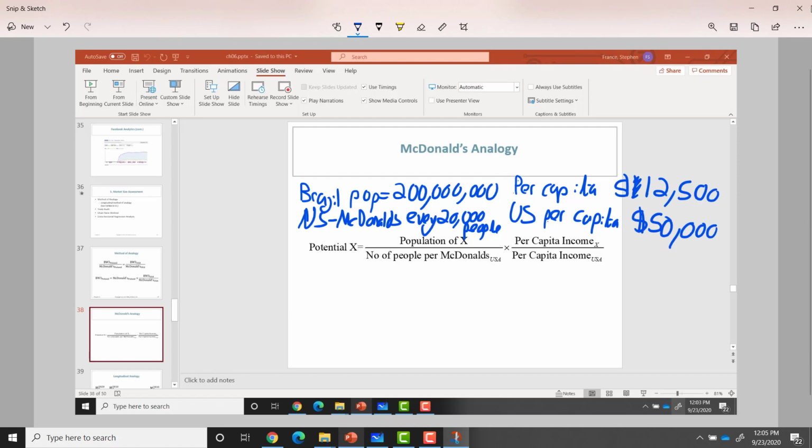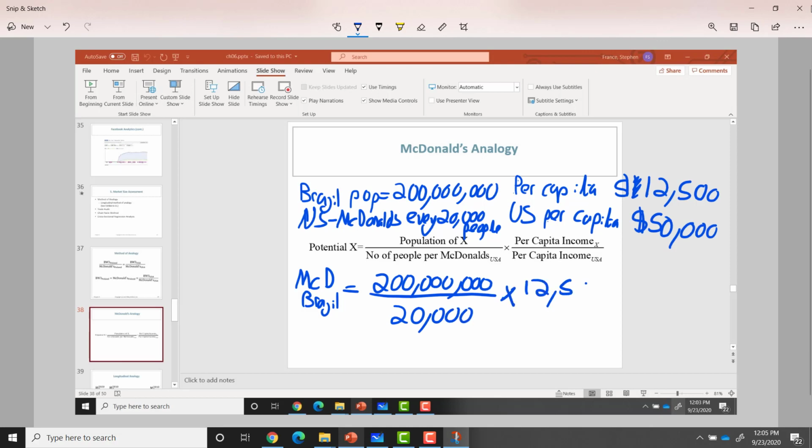So the potential for McDonald's in Brazil is the population of Brazil over the number of people per McDonald's, times this ratio of per capita incomes.